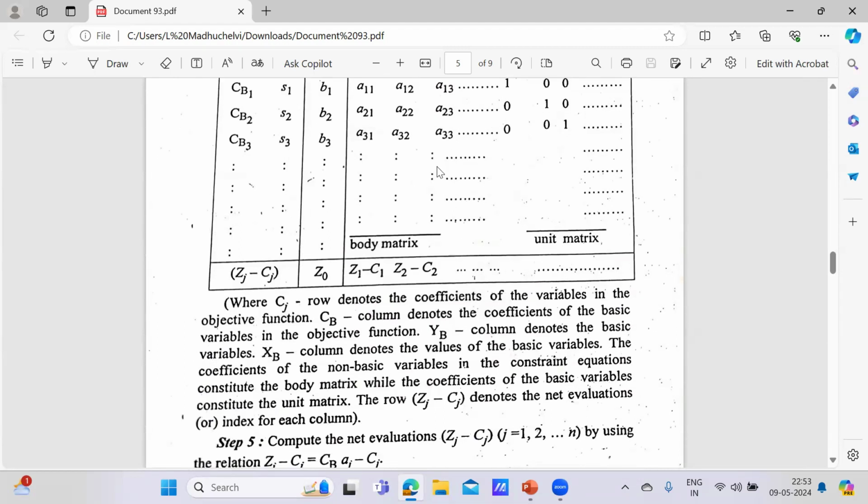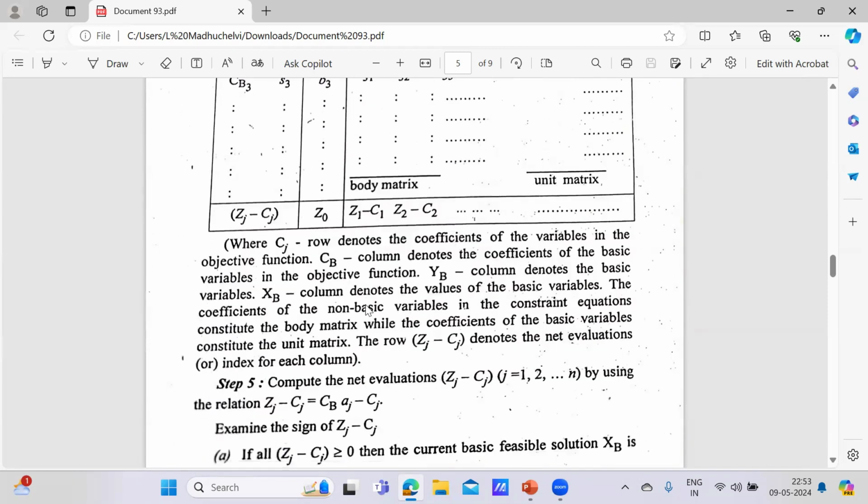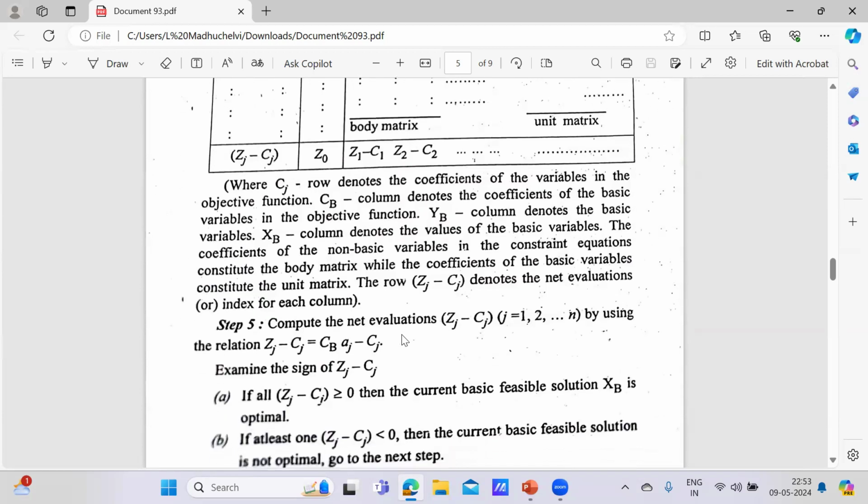The row Zj minus Cj denotes the net evaluations. Next, step 5, compute the net evaluations. How do you compute Zj minus Cj?